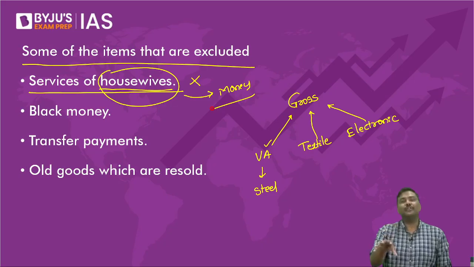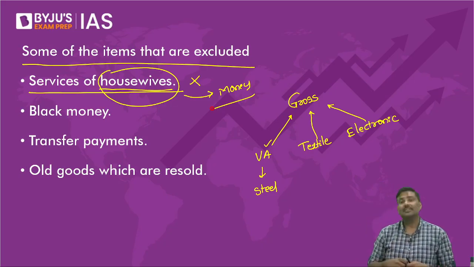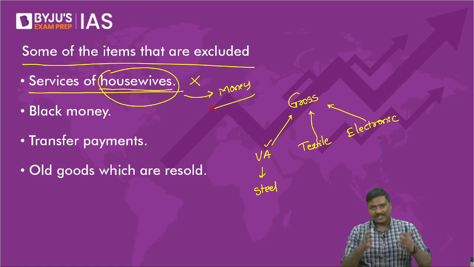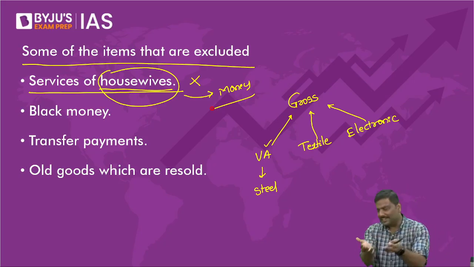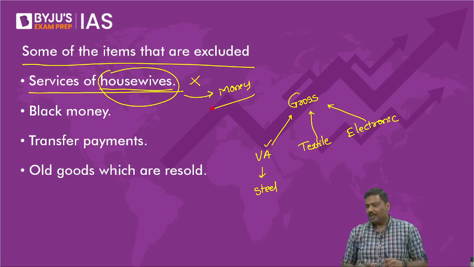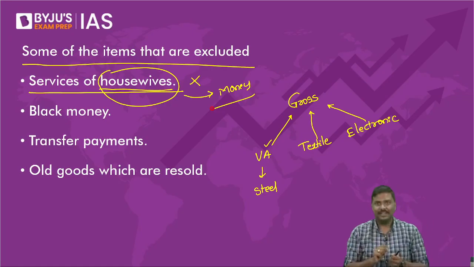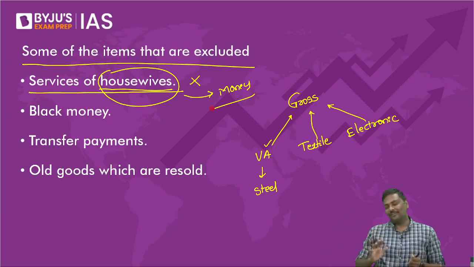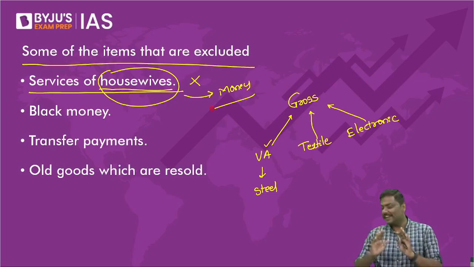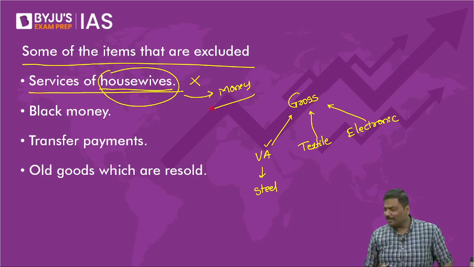Now, how many of you will take out the purse and pay for the breakfast? Let me know. You're sitting at home, your mother or your father will bring the breakfast and tea, give it to you and go. How many of you will take out your purse and pay money? Try it today. Try it and tell me what will be your experience. Right? First, you will get a very nice tight slap. Second, you will see what will be the escalation.